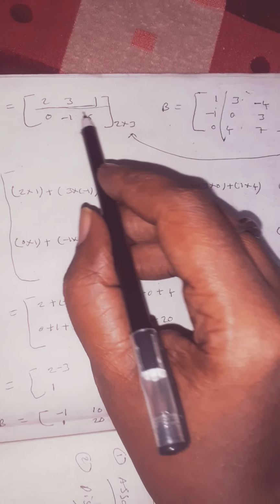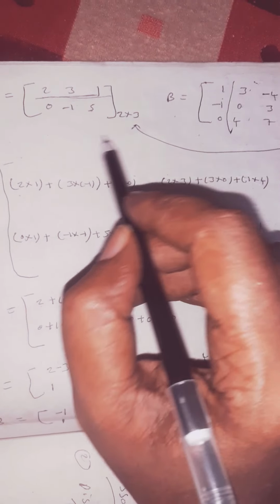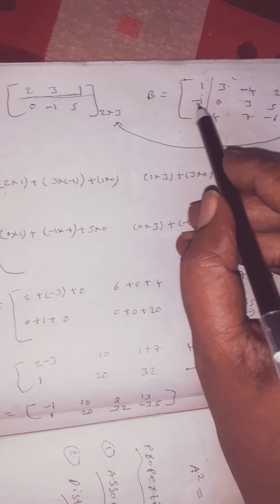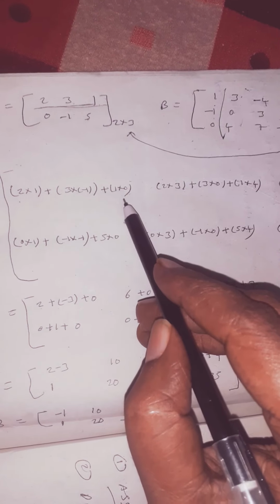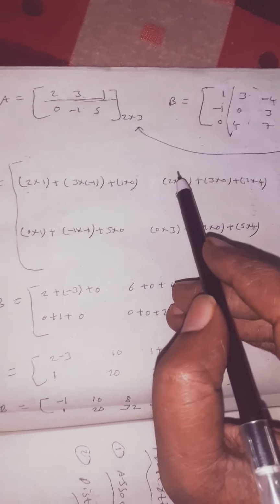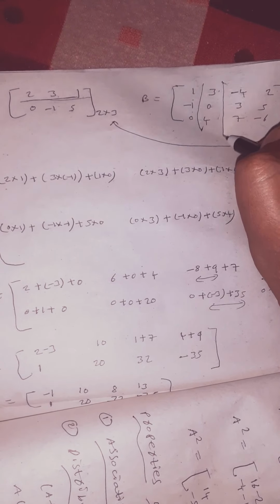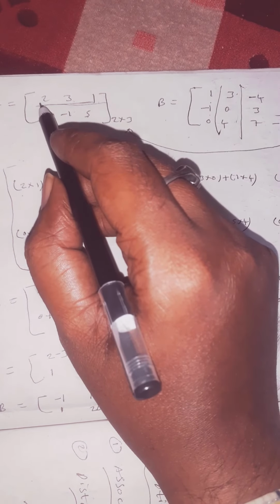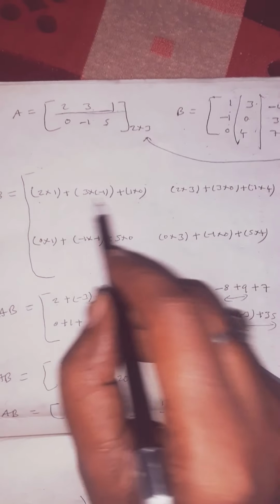So 2 into 1 plus, I told you sum means addition, plus 3 into minus 1 plus 1 into 0. Over. Next, first row with second column we should do. Whatever I did first, first row with first column only I did sum.